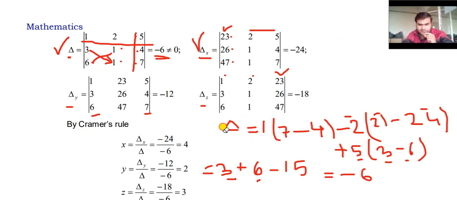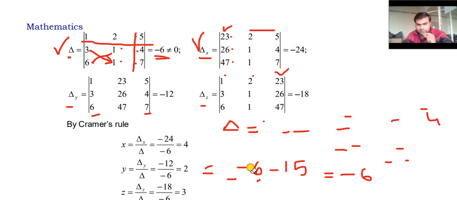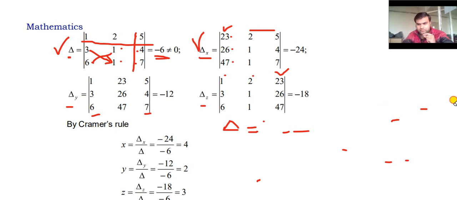So we have to erase this. Okay, so we have to write this 23.